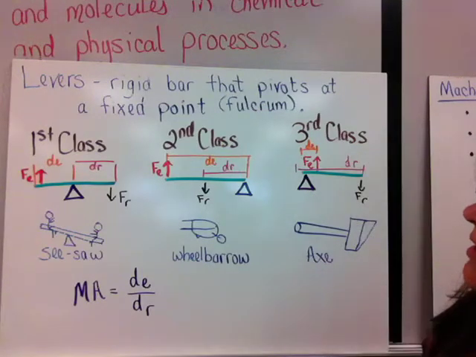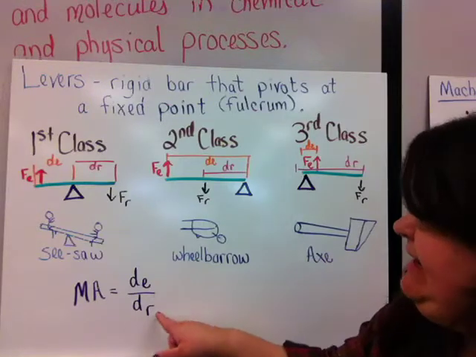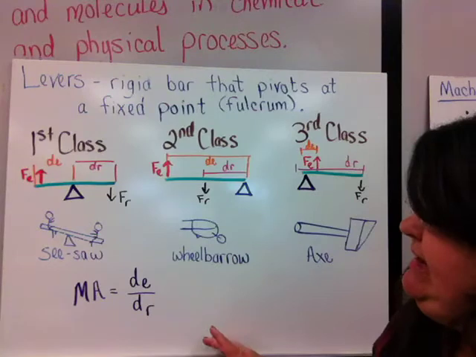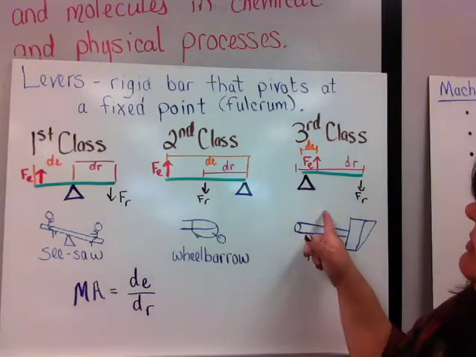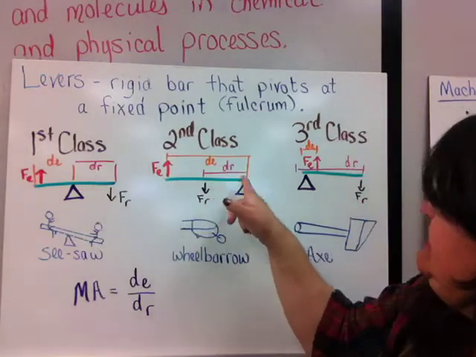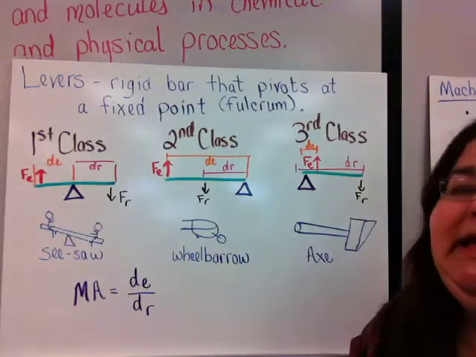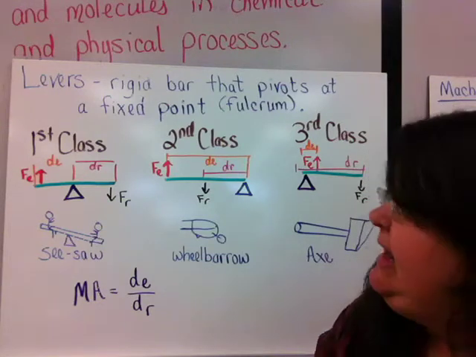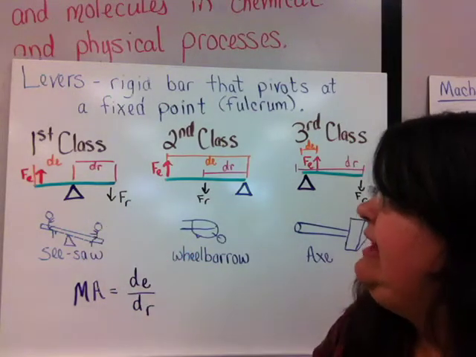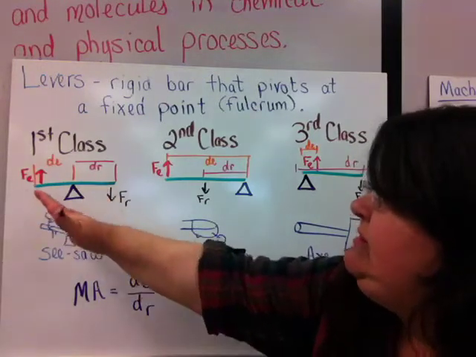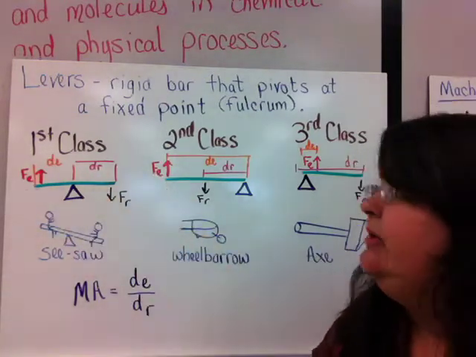Okay? Now, we use the DE and the DR when we're talking about the distances on these machines, and I have labeled in each of these pictures the DE in orange and the DR in pink to help you see where those distances are happening. In the first-class lever, it's easy to see that the DE is on one side, the DR is on the other.